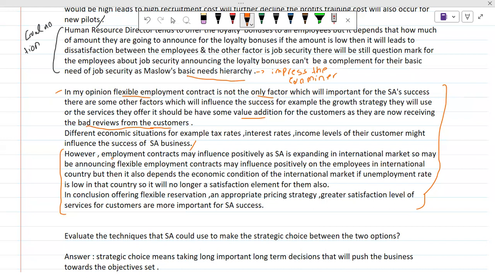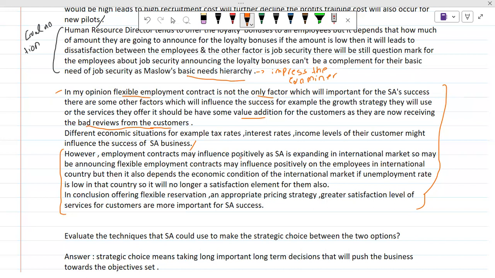But in international markets, flexible employment contracts are growing. Since they ask to evaluate how employment contracts are better for the future success or growth of the company, I am connecting this point to their expansion plan.